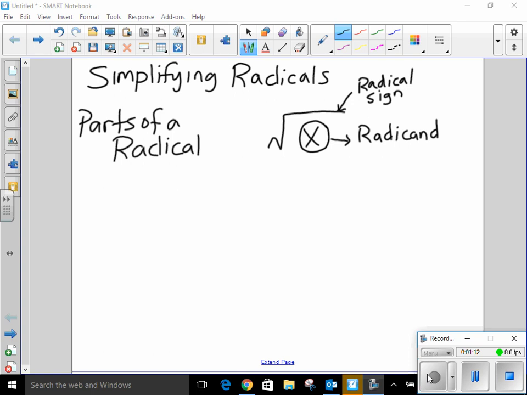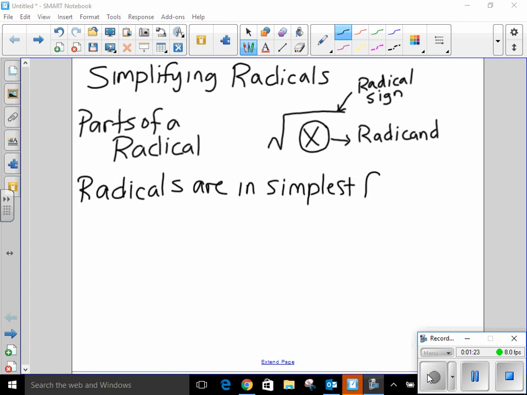In order to be in simplest form, there are some rules that have to apply. So radicals are in simplest form if these three things are not there.